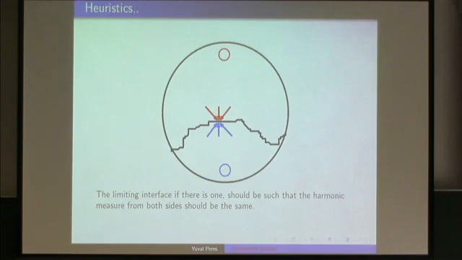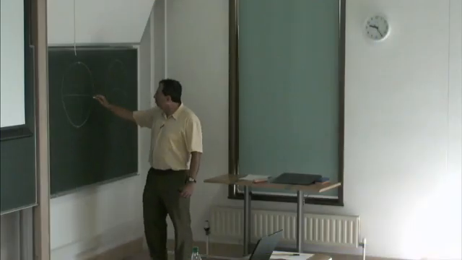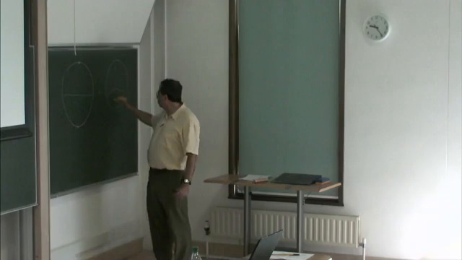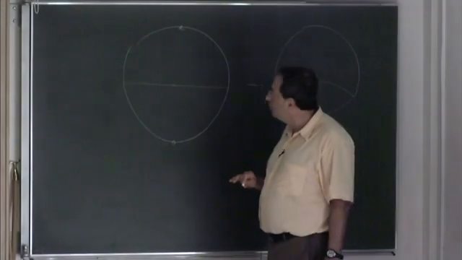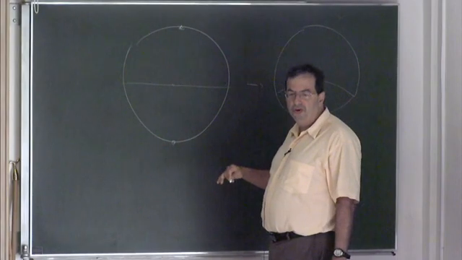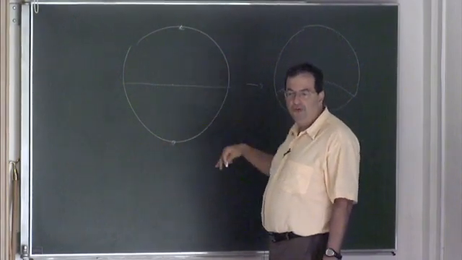Now if you apply a Möbius transformation that takes this to a domain like that, right, mapping this diameter to this circular arc, then it's a conformal mapping of the whole disk. It should preserve harmonic measure in both domains.